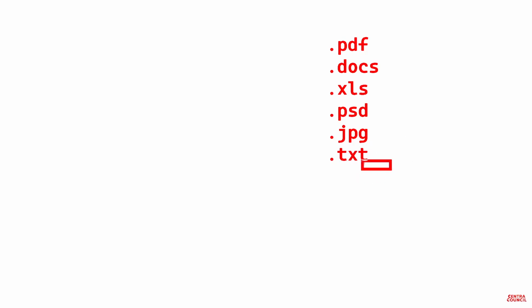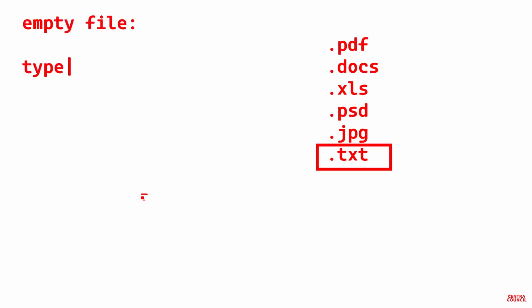So the file I'm going to be creating is just going to be a .txt file for now. Okay, so if you want to create an empty file, the command you are going to be writing is going to be type, then null in this case. Okay, so type null actually allows you to create an empty file, and then the next thing you are going to do is to simply write the file name.